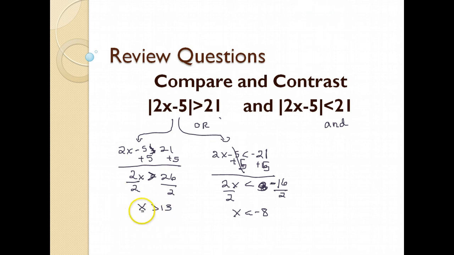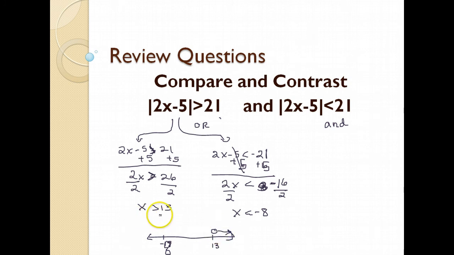Okay, let's look at what that looks like graphically. Let's say this is our negative 8, and let's say this is our positive 13. Strictly greater than 13 means I have a hole right here, and I'm going greater than 13.